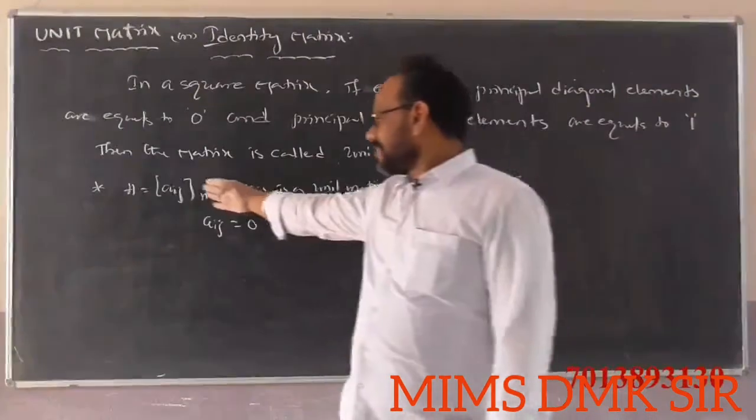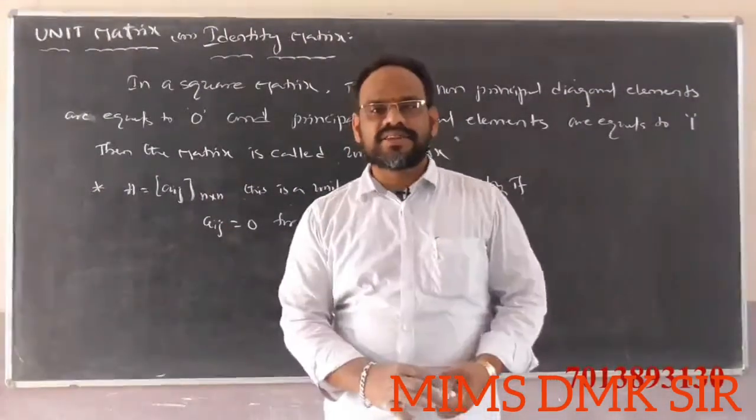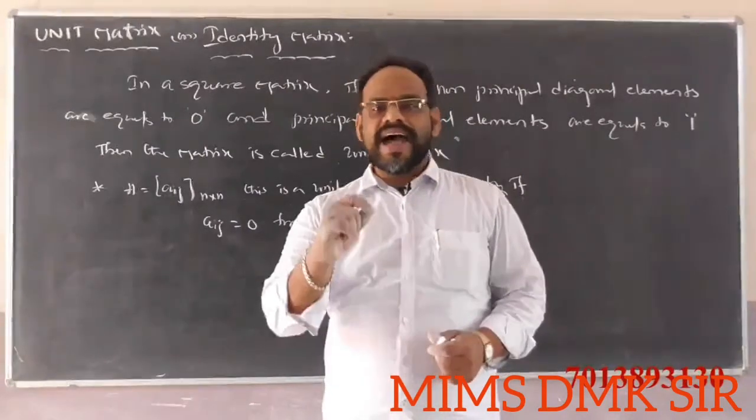Then the matrix A of order n is called what? Unit matrix or identity matrix.